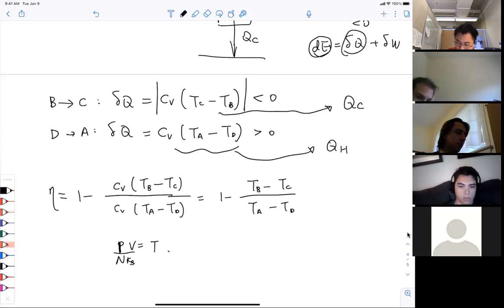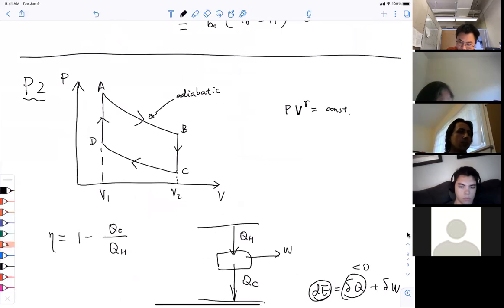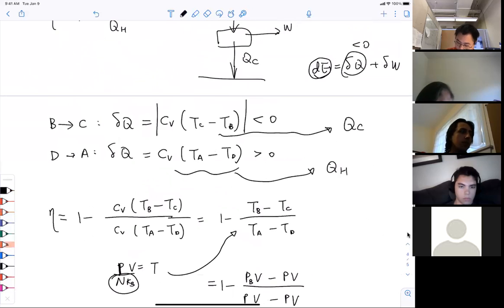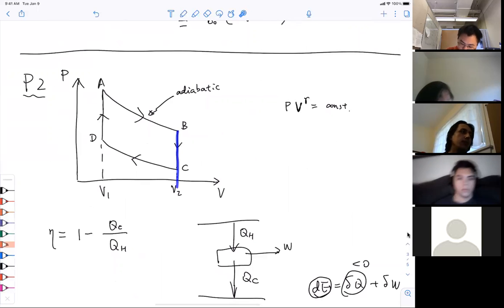If we plug in, this constant will cancel out, so we can just replace T with PV. VB is V2.